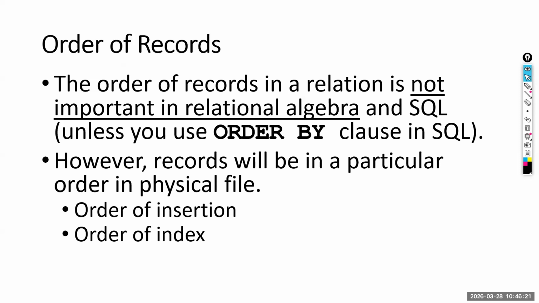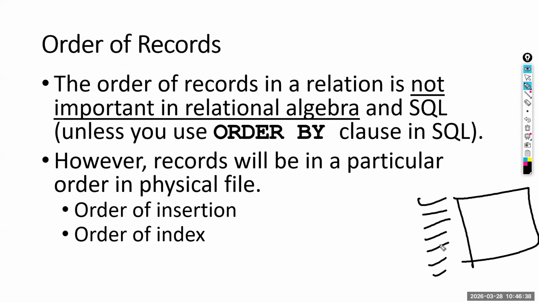So the next one is order of records. Order is the sequence in which the records are saved or retrieved. By default, the records will be retrieved in the order in which we saved them.